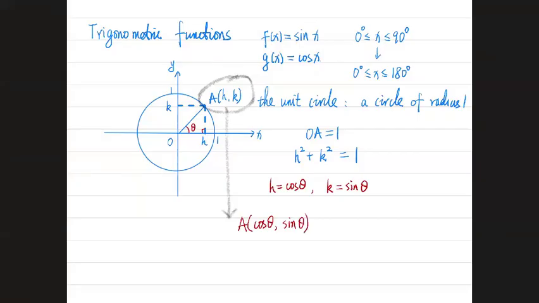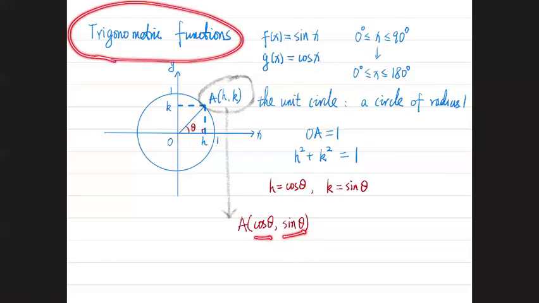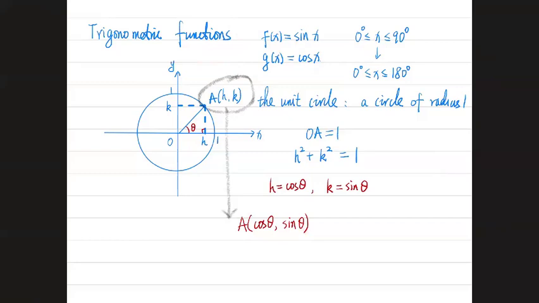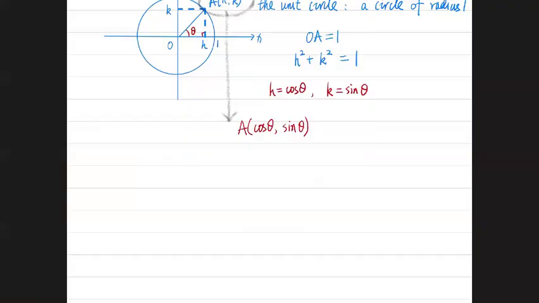For any angle theta, the coordinate of the point on the unit circle in this direction is given by cosine theta and sine theta, the two trigonometric functions, with some very interesting properties.